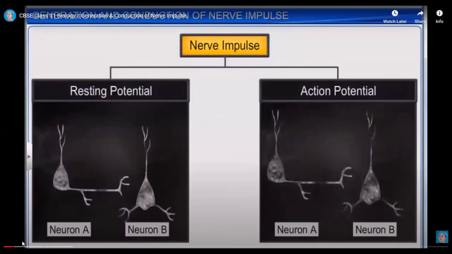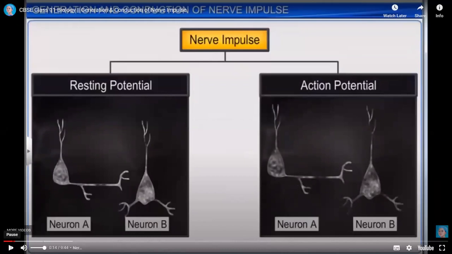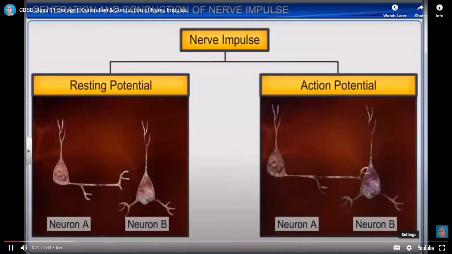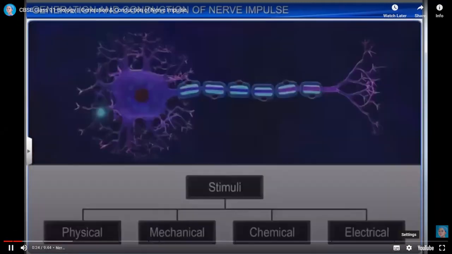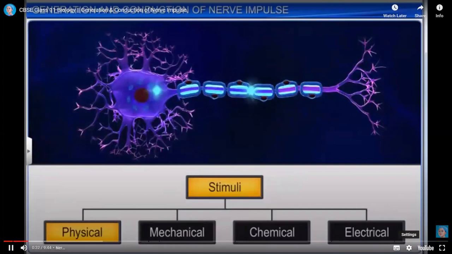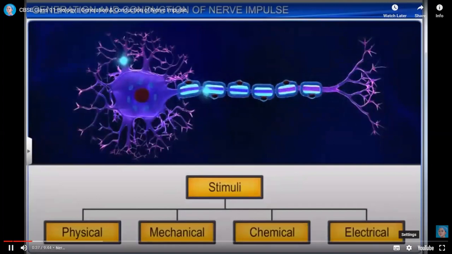The conduction of the nerve impulse can be divided into two main phases: resting membrane potential and action membrane potential. Neurons are excitable cells. They may be stimulated by physical, mechanical, chemical, or electrical stimuli.